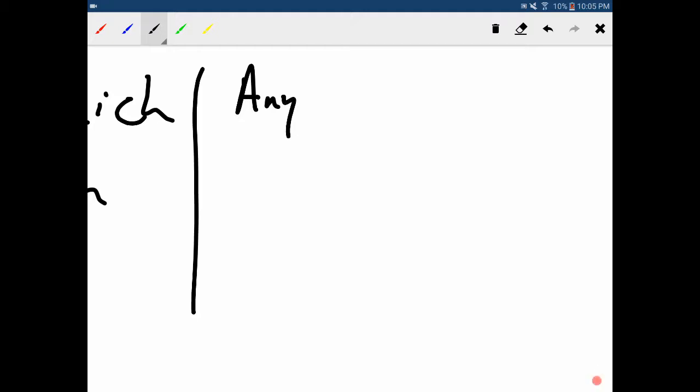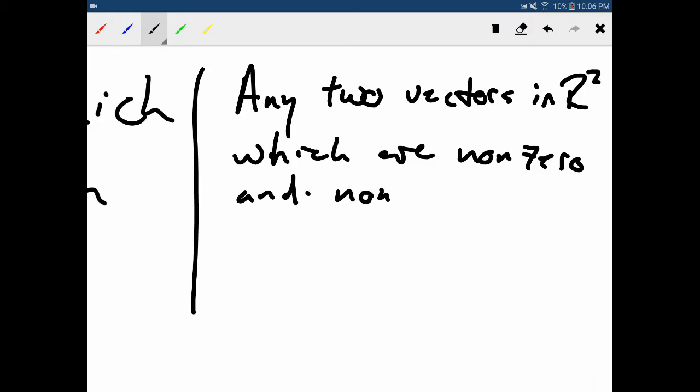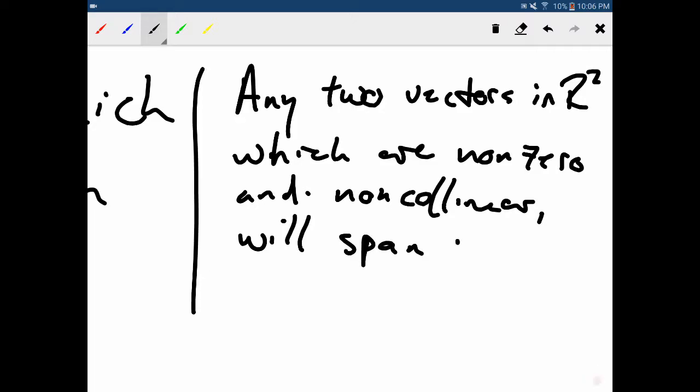Okay, so any two vectors in R2 which are non-zero vectors and non-collinear will span R2.